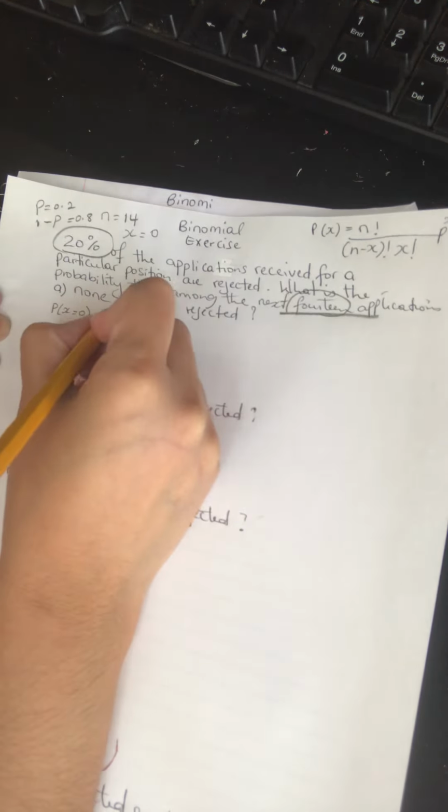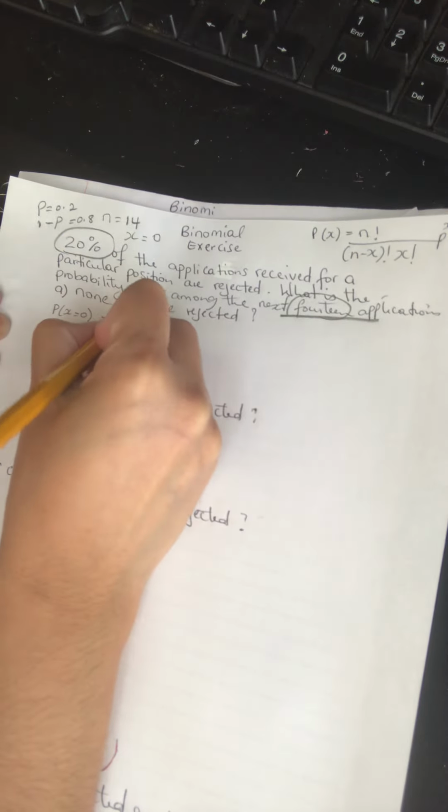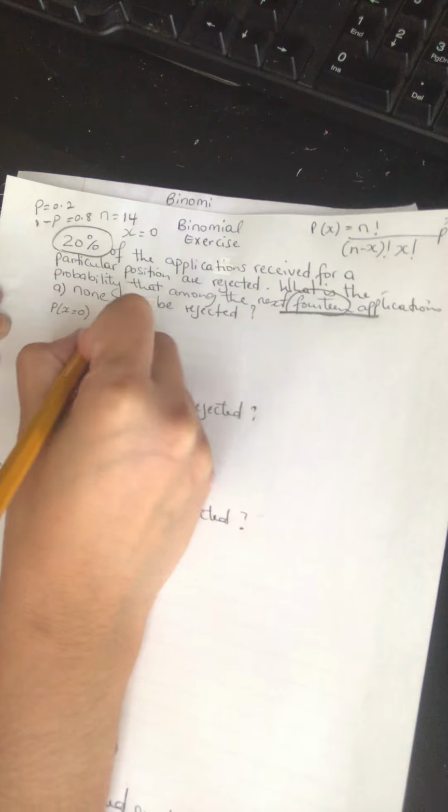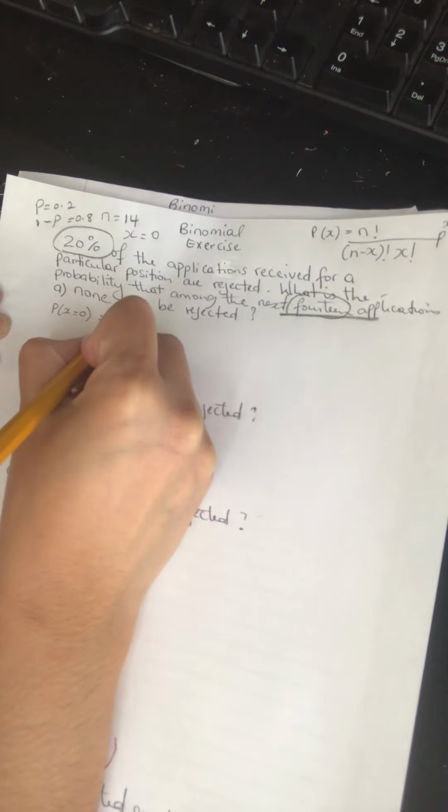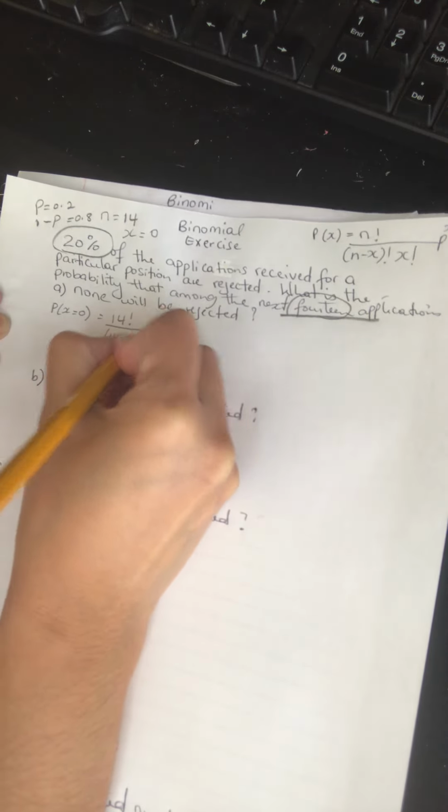So let's put all of this information that we've gathered into the formula and then work it out. We put P of x, which is 0. That is our beginning. And our n factorial is 14 factorial over n minus x, which is 14 minus 0 factorial.